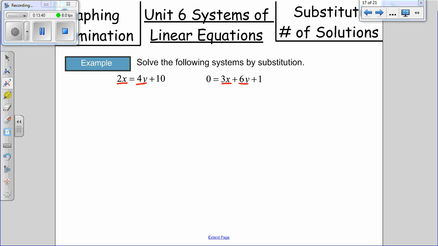Alright, to make the x's the same, I need to figure out the lowest common multiple between 3x and 2x. The lowest common multiple would be 6. So to get to 6, I have to times this one by 3, and times this one by 2.